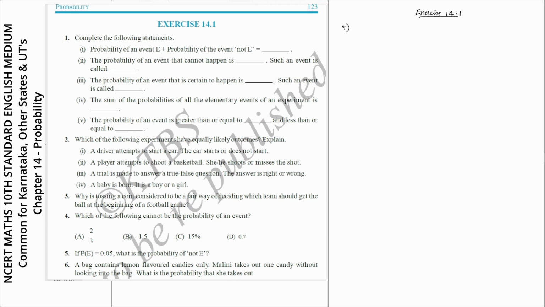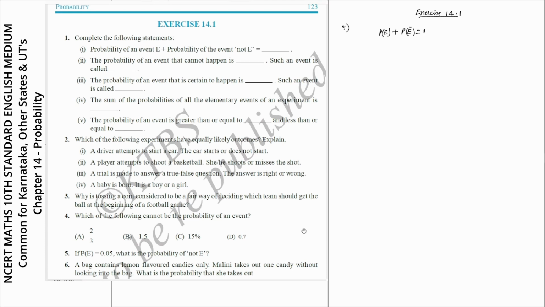Exercise 14.1, question number 5. If probability of E is equal to 0.05, what is the probability of not E? So we know that the sum of probability of an event and its complement is equal to 1.